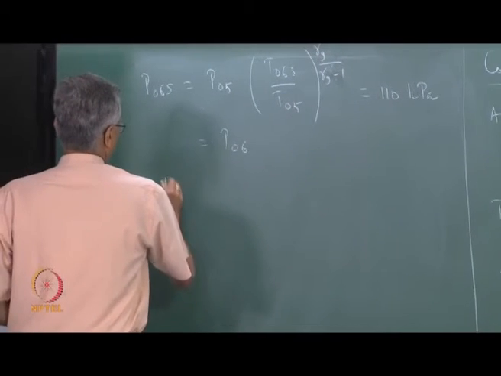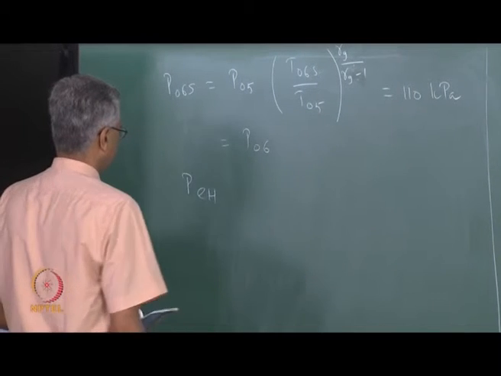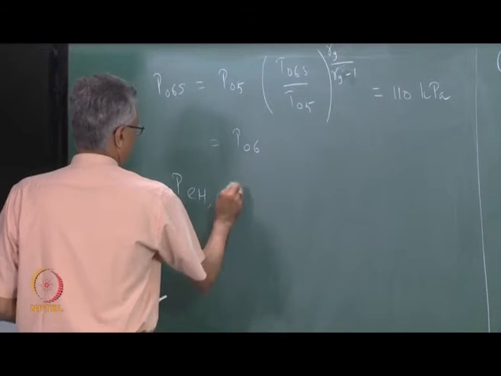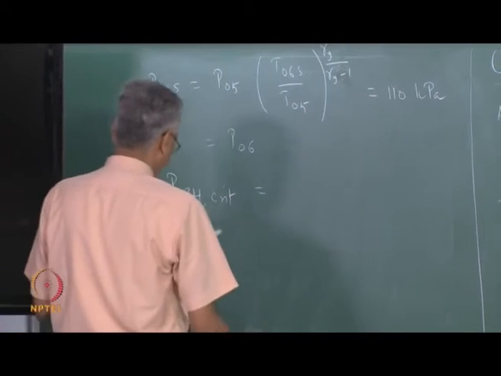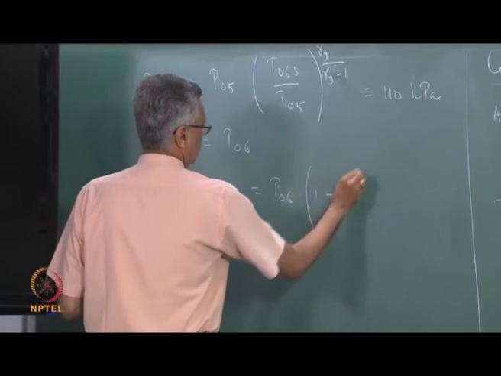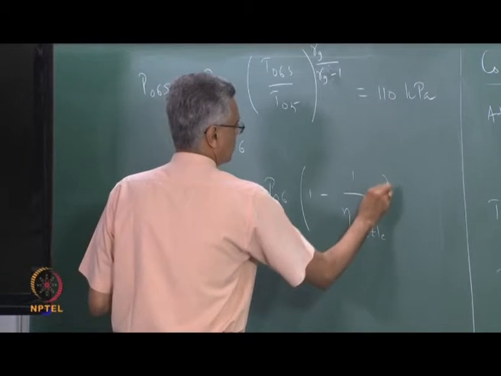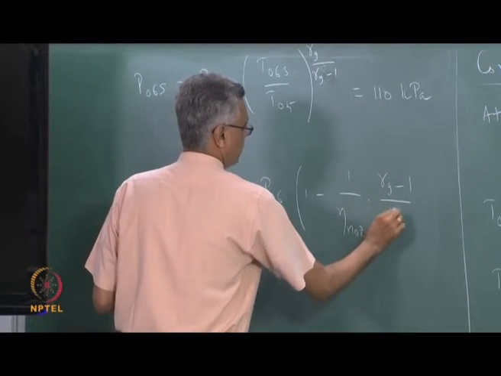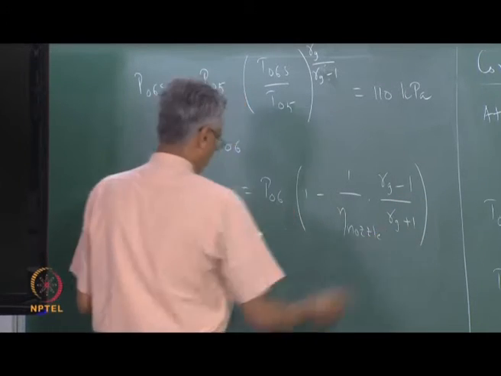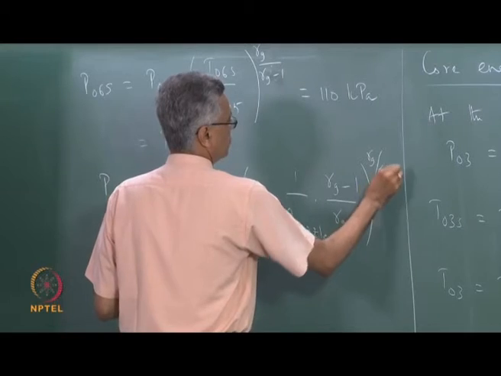So PEH for the hot nozzle, the exit pressure, hot nozzle critical value is given by P06 times 1 minus 1 over eta nozzle times gamma g minus 1 divided by gamma g plus 1 raised to the power gamma g over gamma g minus 1.